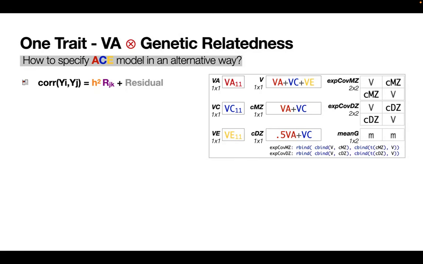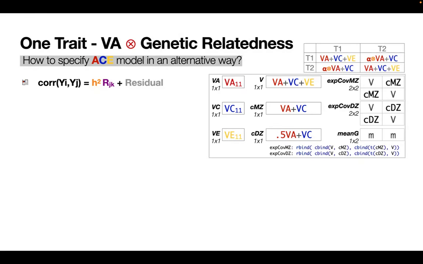This was the way in which we set up the model and generated our 2 by 2 matrices, which look like this, where I've now used an alpha here to indicate a 1 for MZs and a half for DZs to distinguish between their expected correlations for their genetic component.